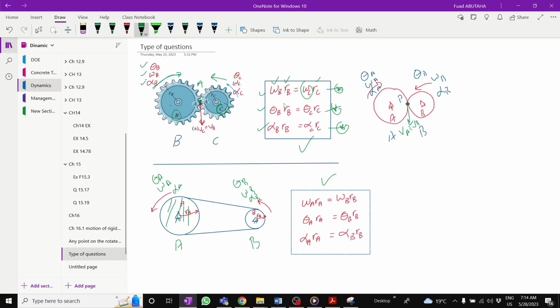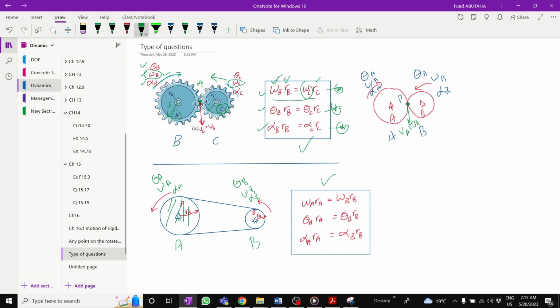What does it mean? For example, in the question, he might give you the radius of this one and the radius of this one, and he will give you, for example, the omega of this one. He will ask you, what is the omega of C? It will be very easy with this equation.